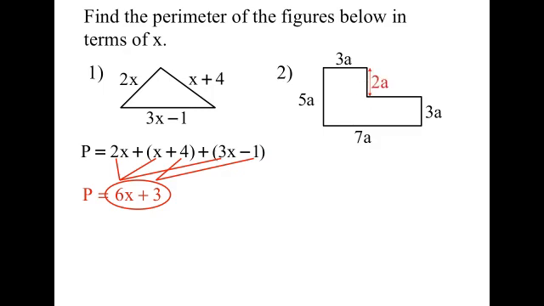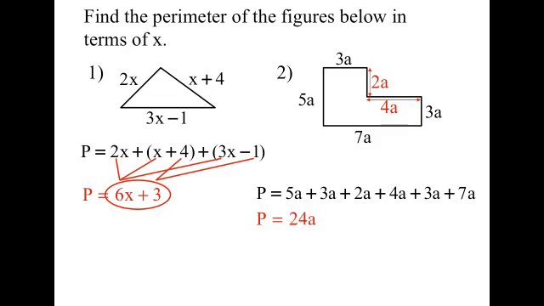And if this whole side is 7a and just this much is 3a, then this has to be 4a. So make sure you include those values. So I'm doing perimeter: 5a plus 3a plus 2a plus 4a plus 3a plus 7a makes 24 a's.